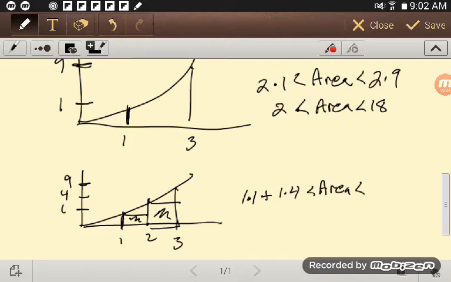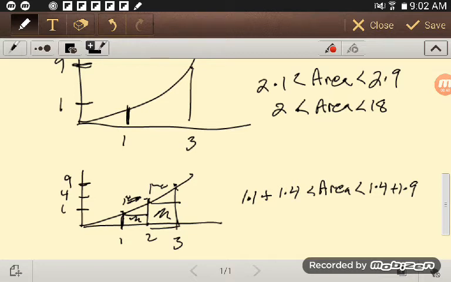And then similarly, if I use these rectangles that are definitely too big, I have again a 1 times 4 for this rectangle here, and then the rightmost large rectangle I get 1 times 9.